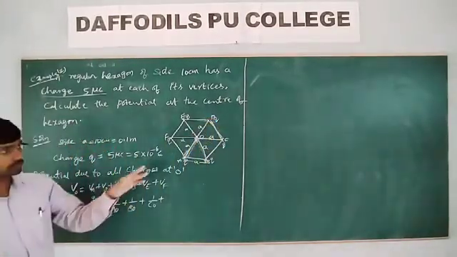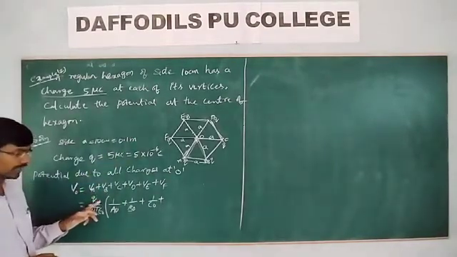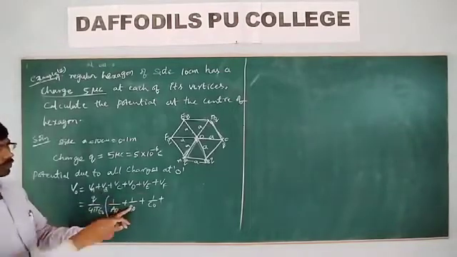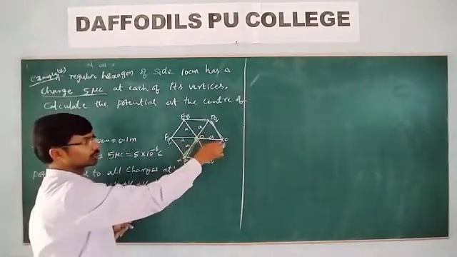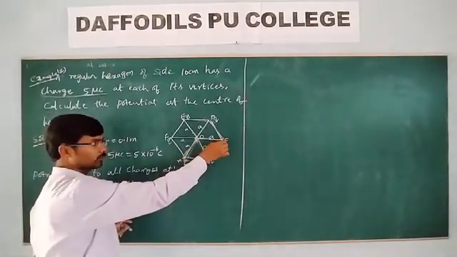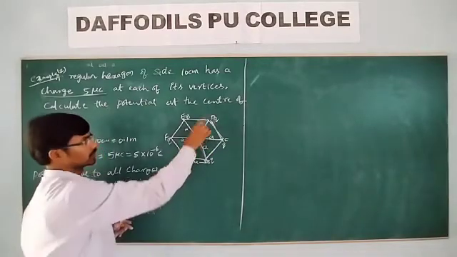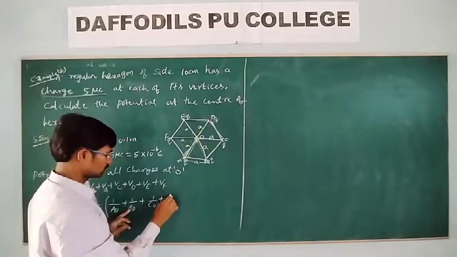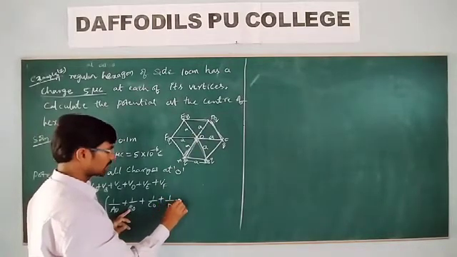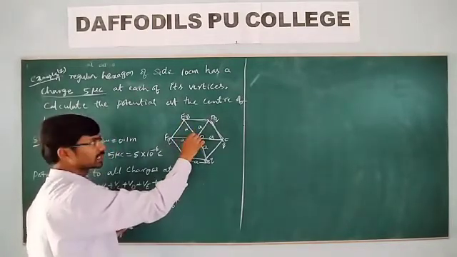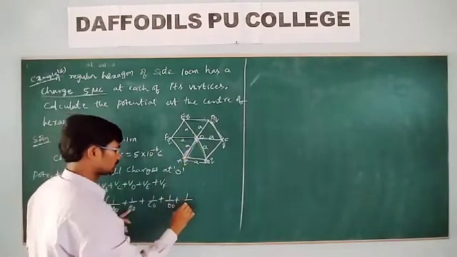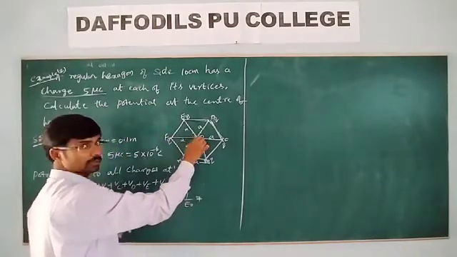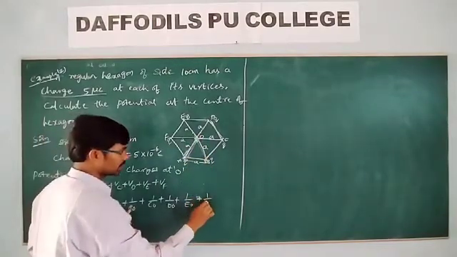Are you following here? 1 by 4 pi epsilon Q by AO plus 1 by 4 pi epsilon Q by BO, from here to here. Due to this charge 1 by 4 pi epsilon Q by CO, plus due to this charge at this point 1 by 4 pi epsilon Q by DO, plus due to this charge 1 by 4 pi epsilon Q by EO, plus due to this charge 1 by 4 pi epsilon Q by FO.